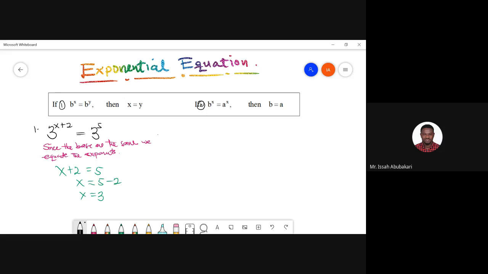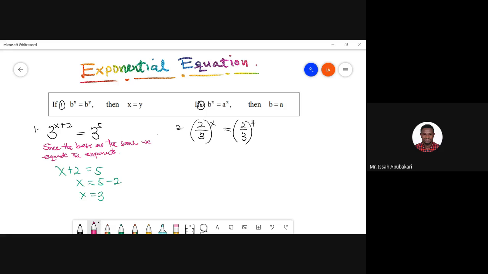Now number 2: (2/3)^x = (2/3)^4. This is how you have to write the equation.